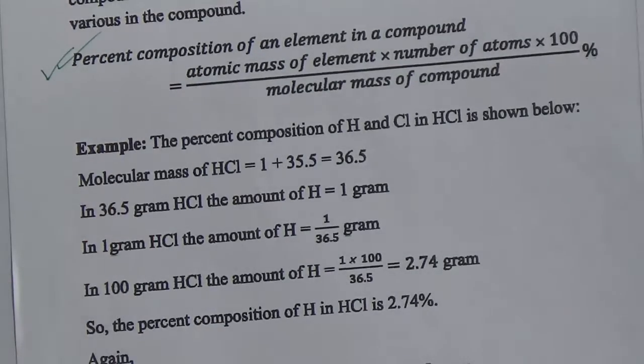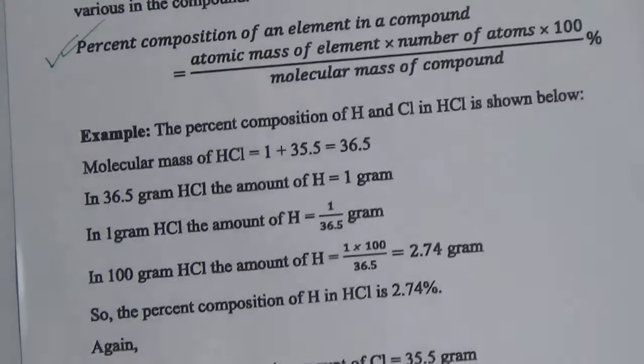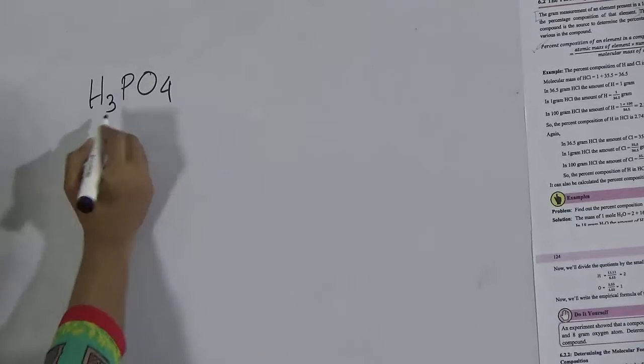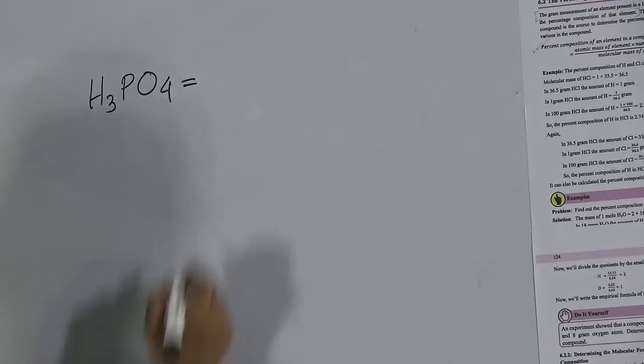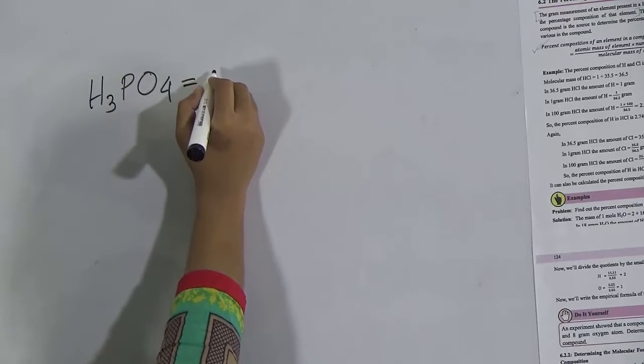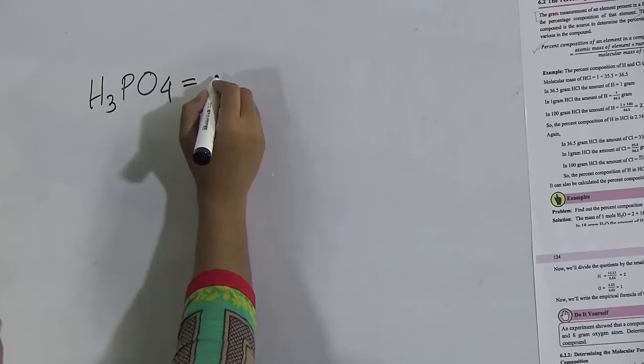Now come to an example. Here, this is phosphoric acid, H3PO4. For finding the percent composition of the element in the compound, we first have to find out the molecular mass of the compound.